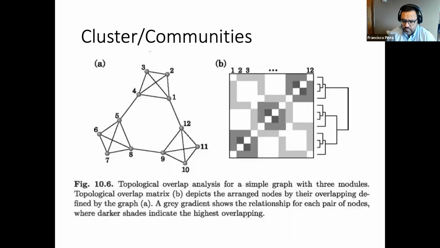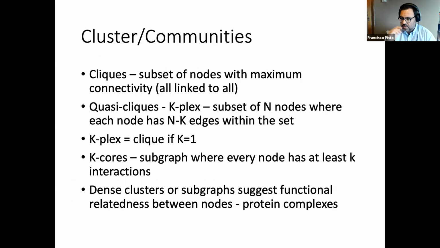But you can also have cliques in other types of networks, in signaling or regulatory networks, and basically the most common assumption is that the nodes within the same clique should be working together. So they should form a functional module. That's the main concept and why we are interested in finding cliques or clusters.